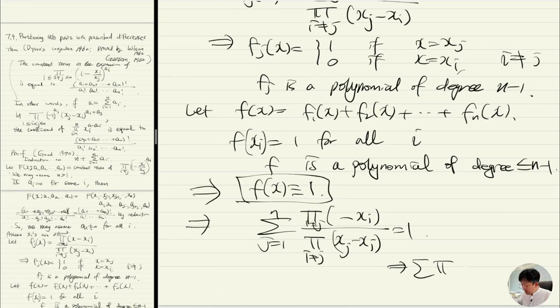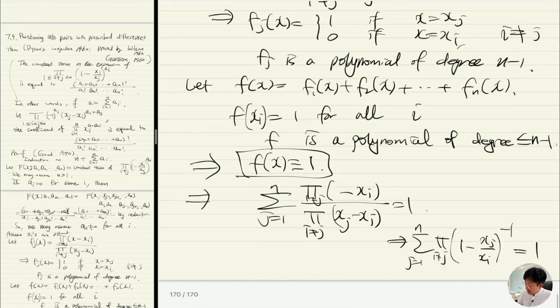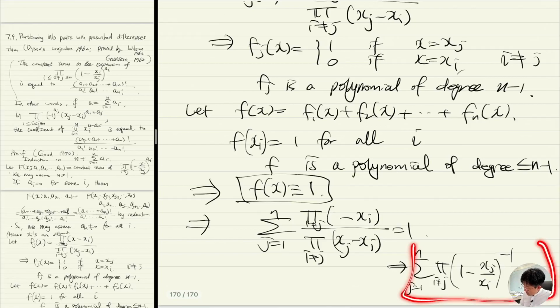So I'm going to divide by it, so 1 minus xi over xj minus xi, that is 1. Okay, so that's a key property that I'm going to use.